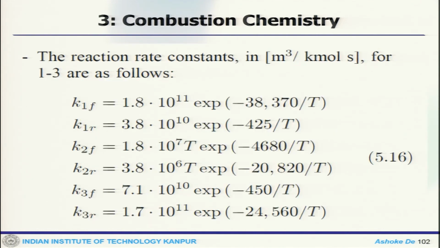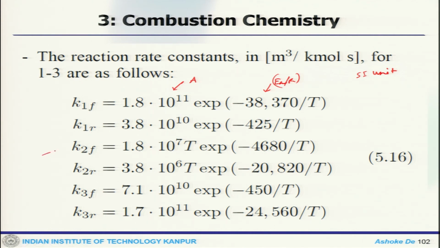Now, the reaction rate constants, because this is a well established mechanism, are readily available in the literature. The forward reaction rate coefficients are all in SI units. So, this is your A, and in all these cases this is your activation energy divided by R, this factor, and this is your T. The first reaction reverse is like that; for the second reaction you have some T to the power 1.